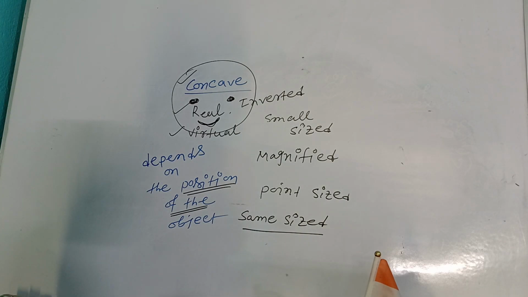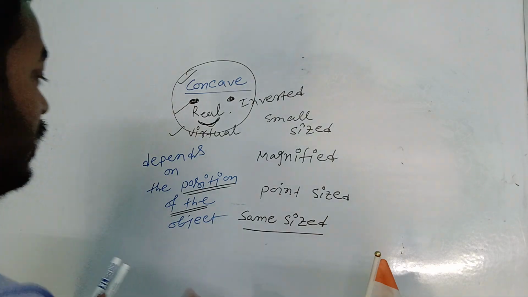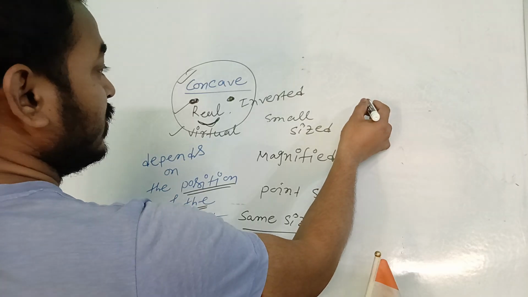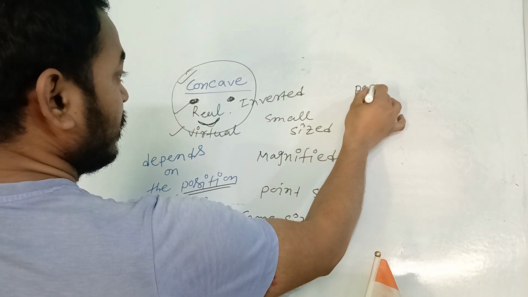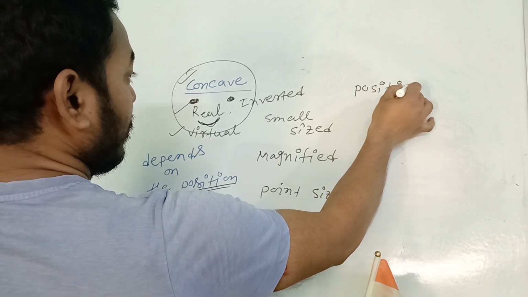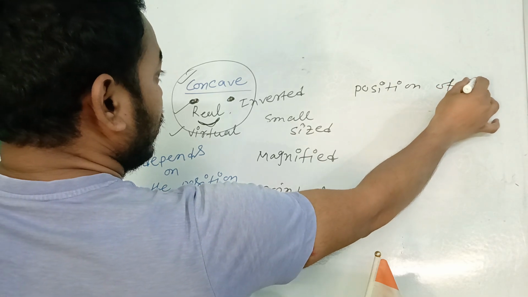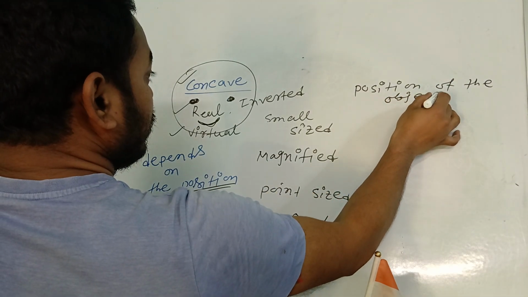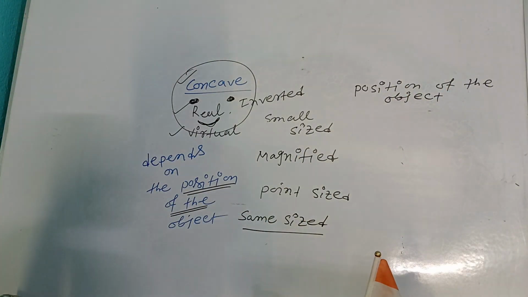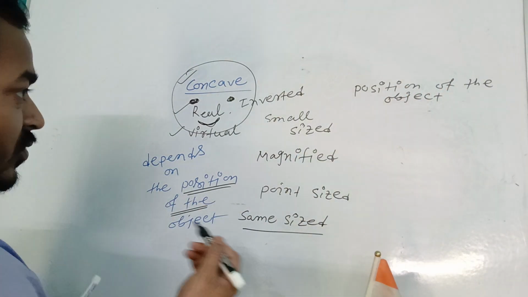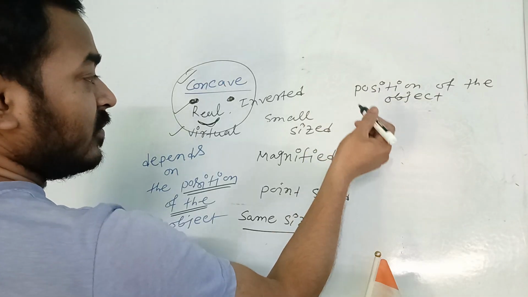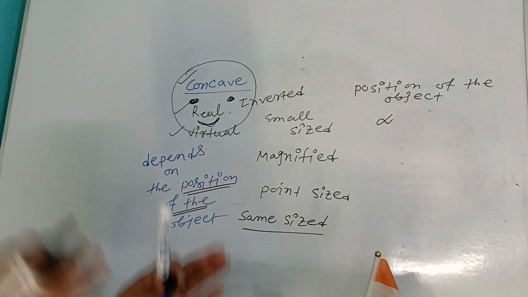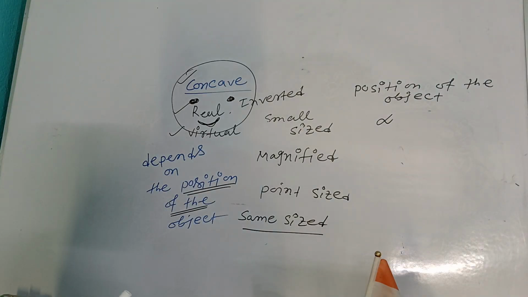Sir, let me tell some more information on this. Position means what? The position of the object. See, when the object is at infinite distance, meaning the object is very far away, infinity.